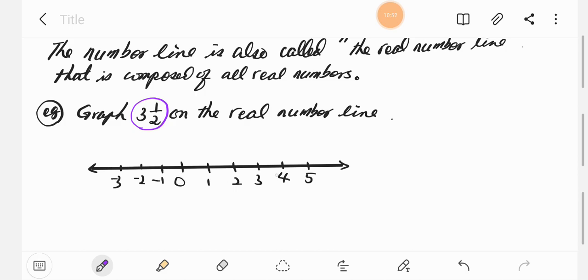As you go to the right, the number increases. As you go to the left, the number decreases. So here's number 3, and the half means half of 1 unit, right in the middle of 3 and 4. So this is 3.5.